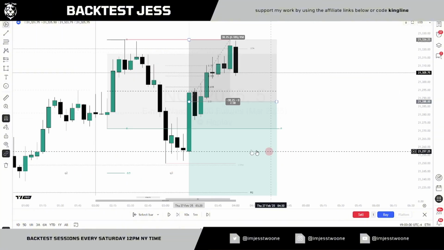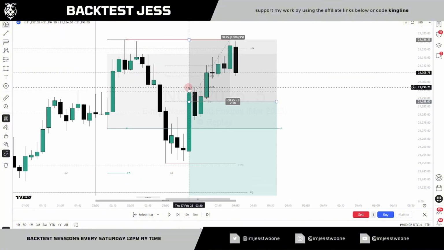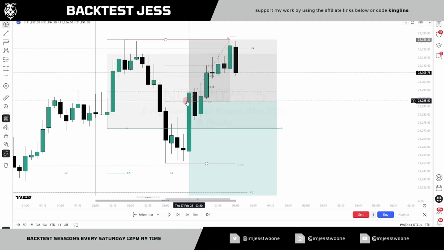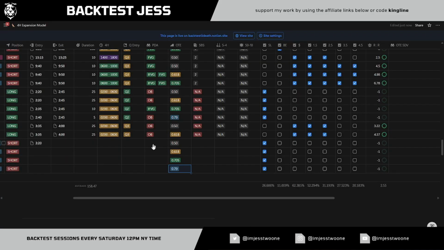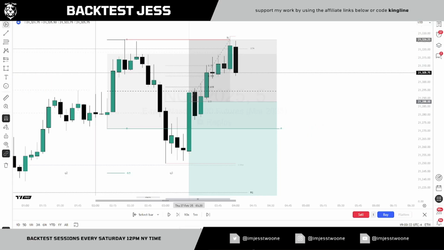Zooming in, I just want to see the PD array that we all got. Alright, so this was OB, inversion, OB, OB. I can do fair value gap and inversion. So, sorry, OB and fair value gap, OB, OB, OB. Yeah, okay.